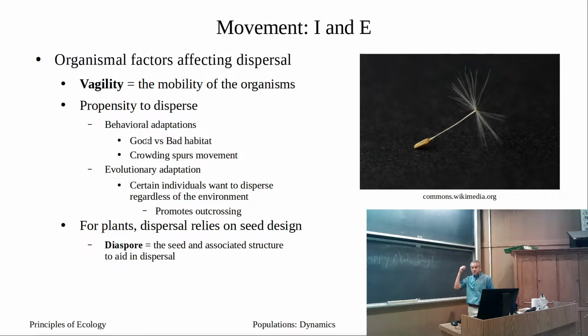And then something clicks in their mind, and they say, hey, I need to move because the conditions turned bad. Well, let's talk about it. What could be some of the clues that tell an organism the habitat is turning bad? What's the most obvious one?